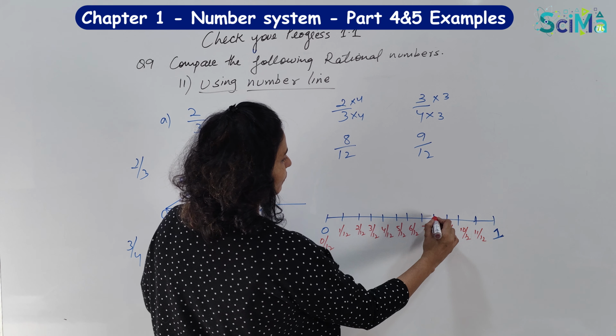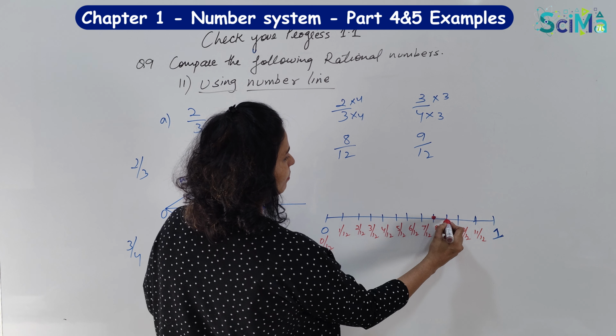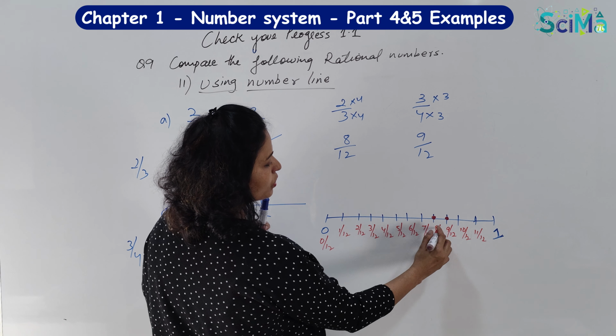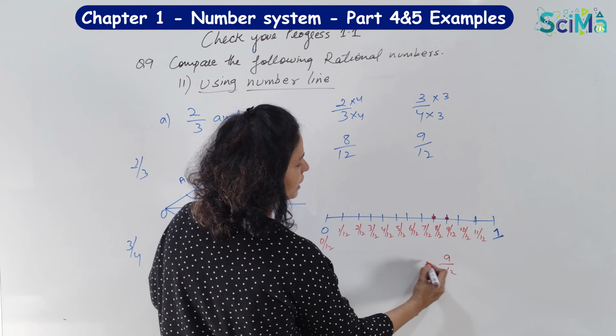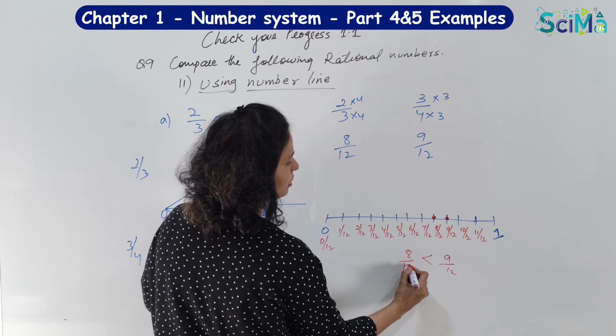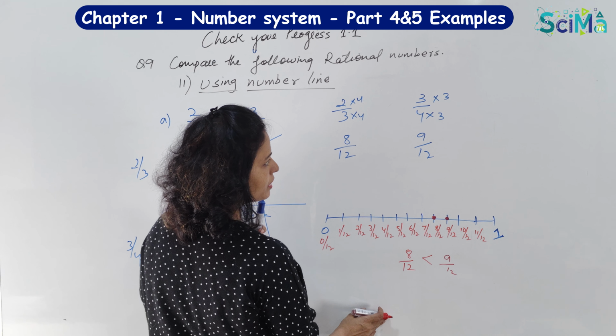So see, 8 by 12 is here, 9 by 12 is here. Which is on the right side? 9 by 12 is on the right side, 8 by 12 on the left side. So 9 by 12 is greater. That means 3 by 4 is greater than 2 by 3. Whichever method you find easy, you can use that method to compare.